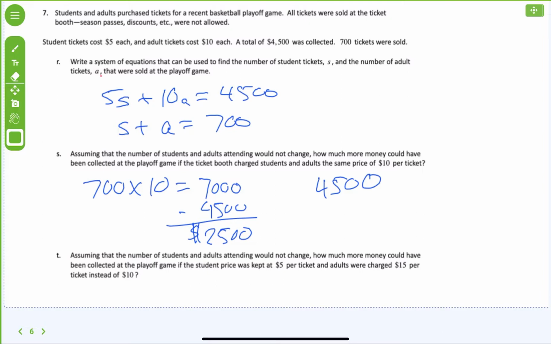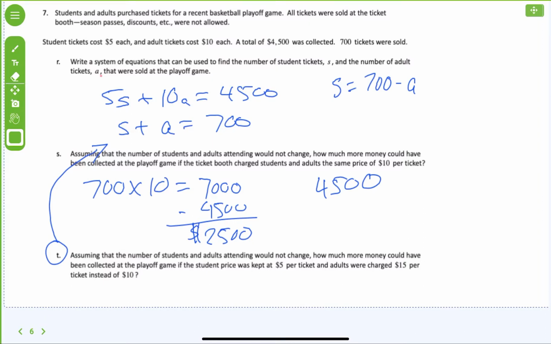Now, the way I would do this is, let's set this up here. Let's move up here for T and solve. So I could set S to equal 700 minus A, right?